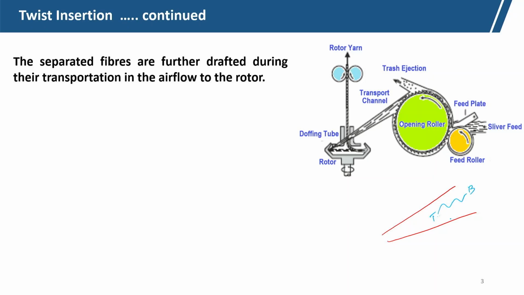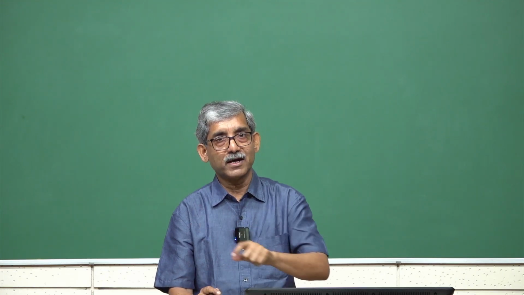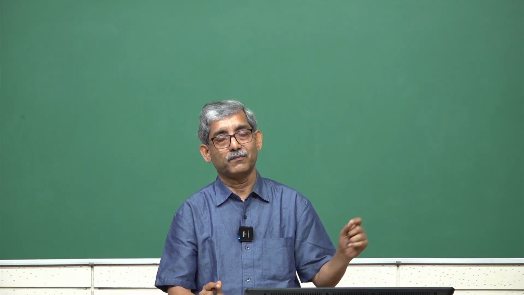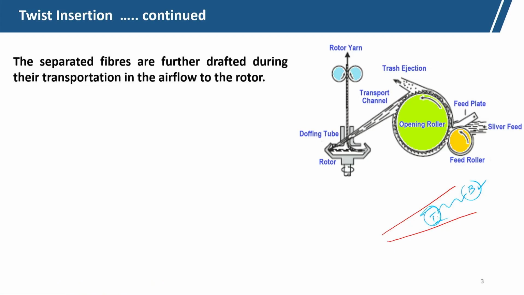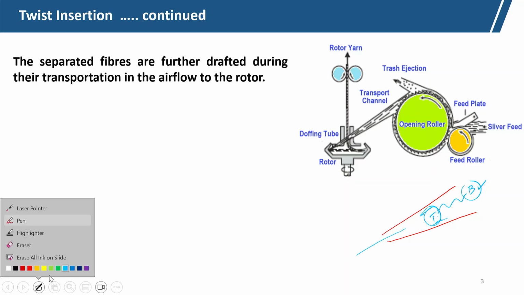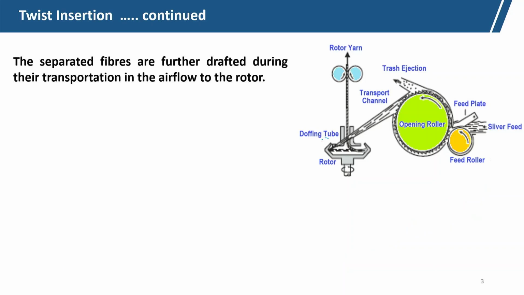The air velocity is higher at the tip, and at the trailing portion it is lower. As the fiber is moved by the air stream, due to the accelerating motion of the air, the fibers get straightened, and at the exit the almost straightened fibers are landing on the rotor groove.